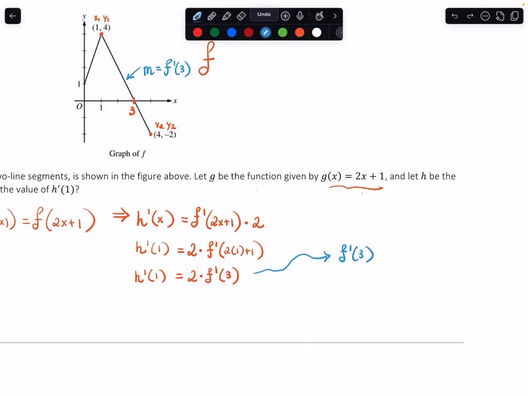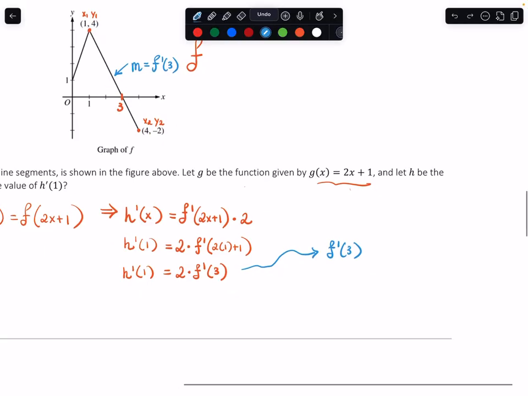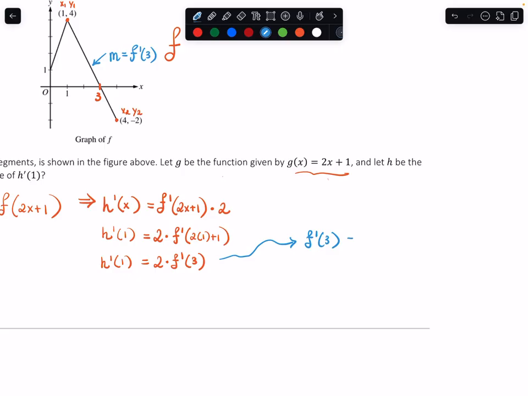It's the same, at least from 1 to 4 on that interval. So f prime of 3 would be y2 minus y1, which is 4 over x2, 4 minus x1. That would be negative 6 over 3, which would come out to negative 2.